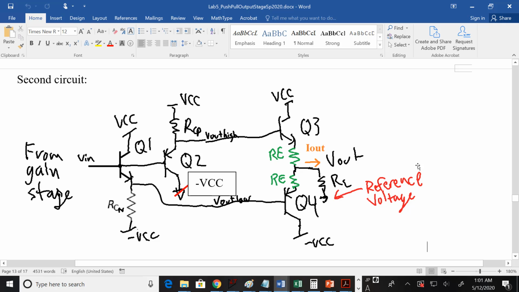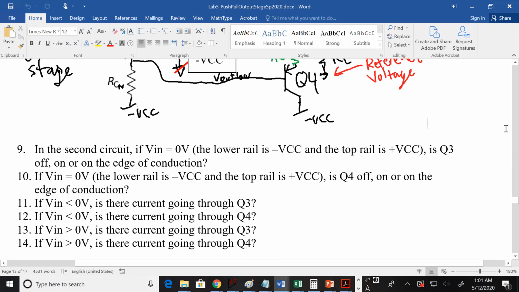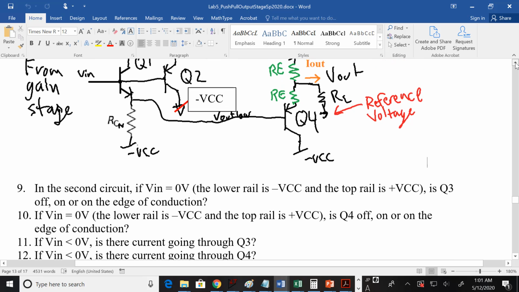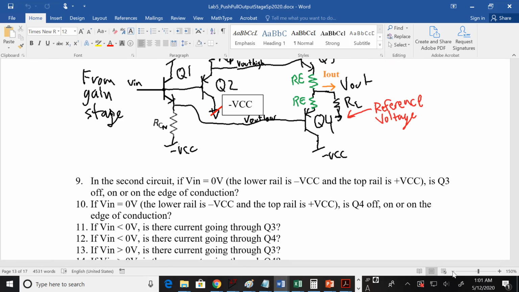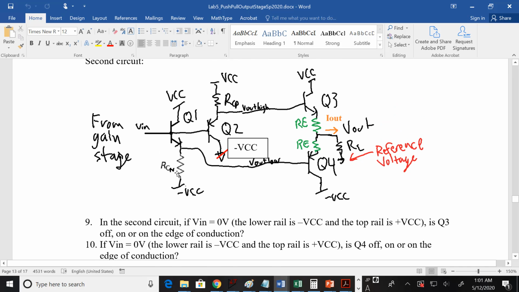Okay, so let's see how that works. Let's answer some questions there. So in this circuit, make it smaller again so it fits more. So if Vin is 0, remember the previous circuit, when Vin was 0, both Q3 and Q4 were off. So if Vin is 0, and this is a default of 0 volts here, this is VB on, you've got 0 volts here, this is just turning on.